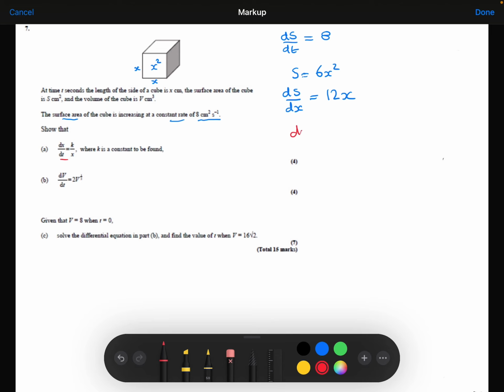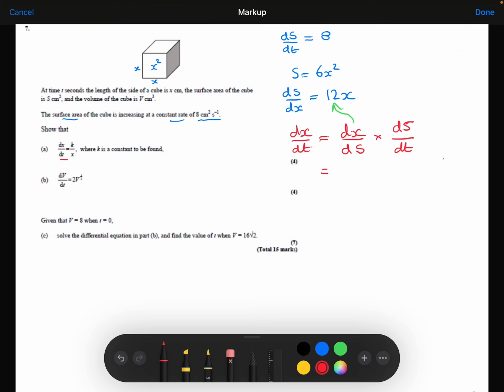I can say that dx by dt is equal to dx by something multiplied by something by dt. Given that I know that ds by dt is 8, I want to have that as my second fraction there. So the first fraction, I'm going to have dx by ds, which, notice, is the reciprocal of ds by dx.